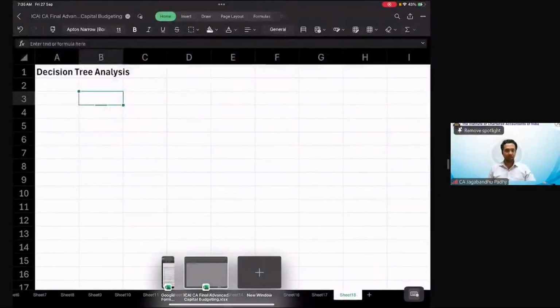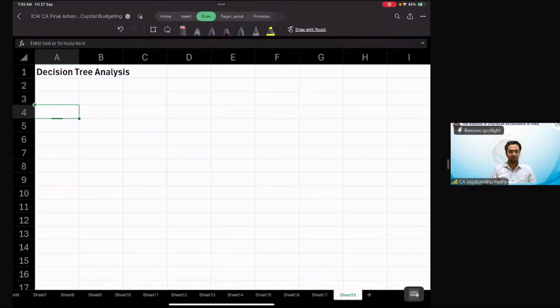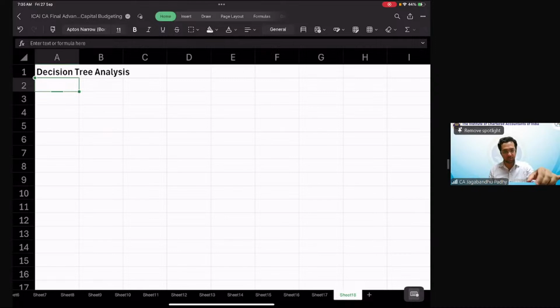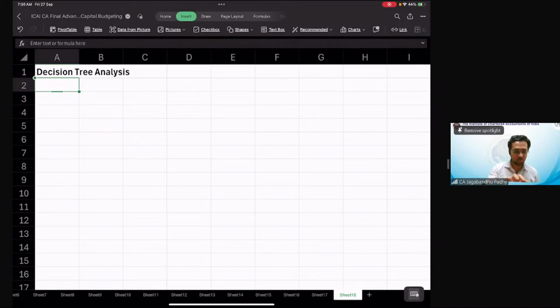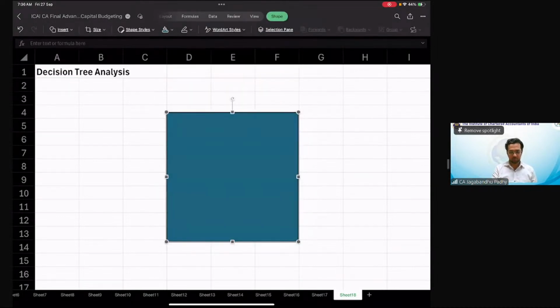Now, let's try to prepare the decision tree over here. Today, whenever you have a choice, we follow a norm: we use a box like this.